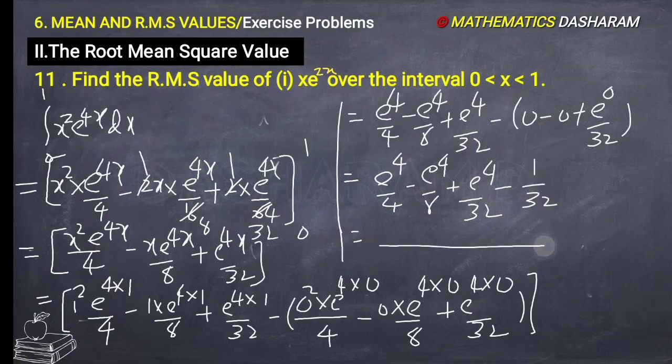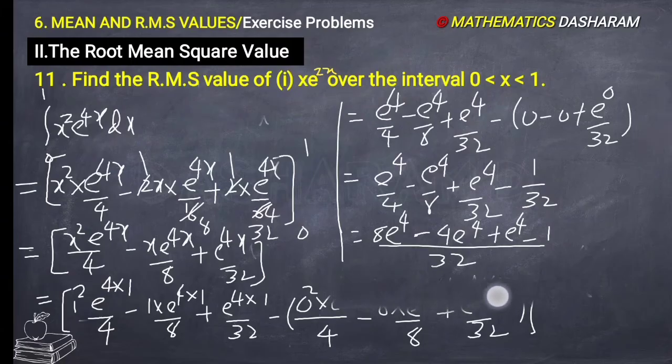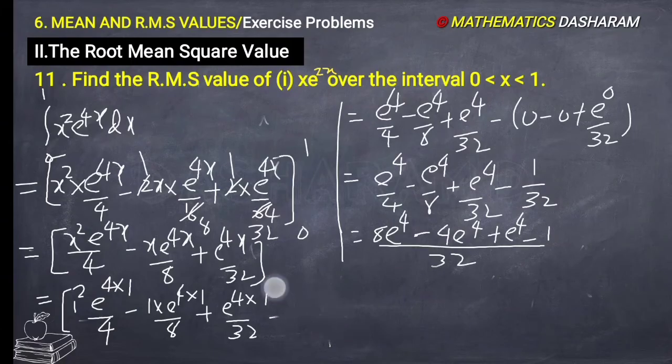Now the LCM is 32. 32 in 4 table 8 is 8 into e power 4, next 4 into e power 4, plus e power 4 minus 1. So it is equals to 8 e power 4 minus 4 e power 4 is 4 e power 4, 4 e power 4 plus e power 4 is 5 e power 4 minus 1 by 32.